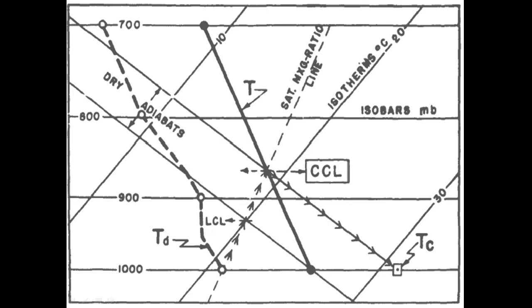So if you have daytime heating, with nothing else playing a part in pushing that air particle up, just strictly heating on the surface, the sun is out, it's a sunny day, the heating rises, and this is the layer that the base of the clouds are going to be, just from the convective condensation level.